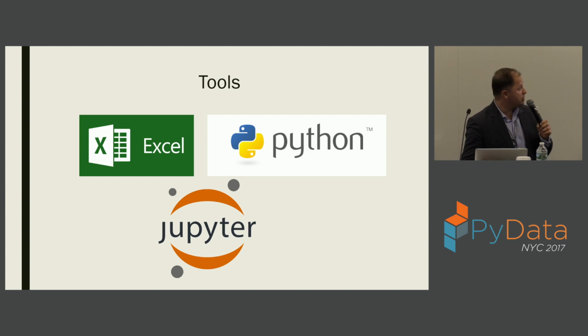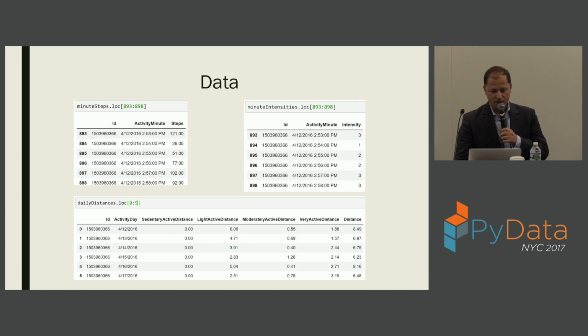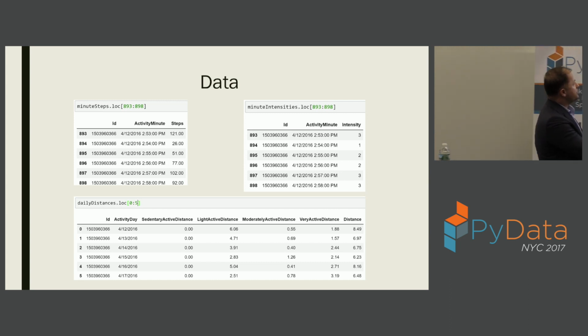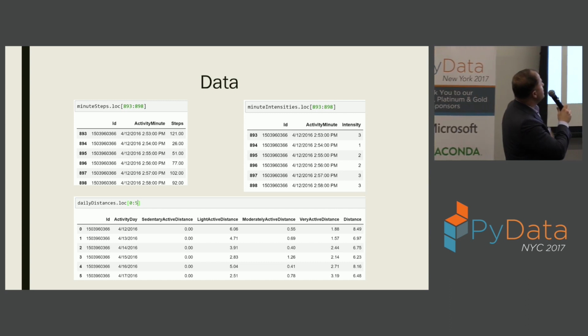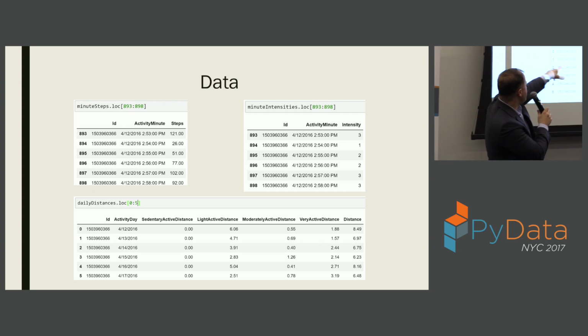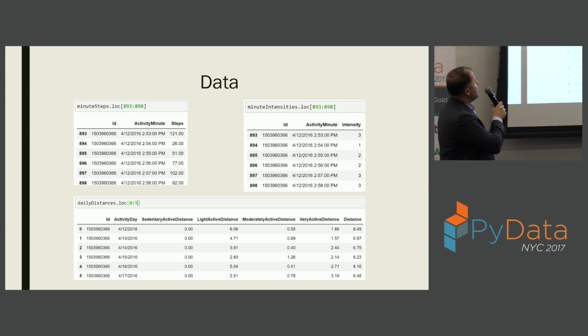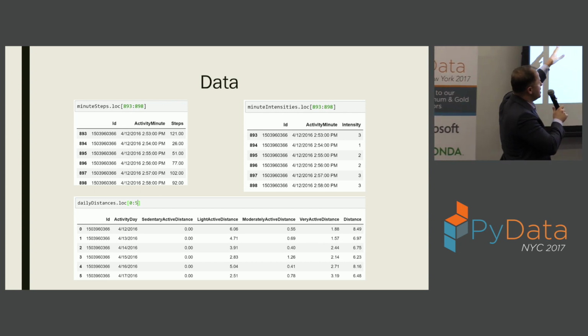The tools we used were obviously Excel, Python 3.5, and Jupyter. The initial data that we had consisted of three data sets: the minute steps, minute intensities, and daily distances. The minute steps is pretty self-explanatory.